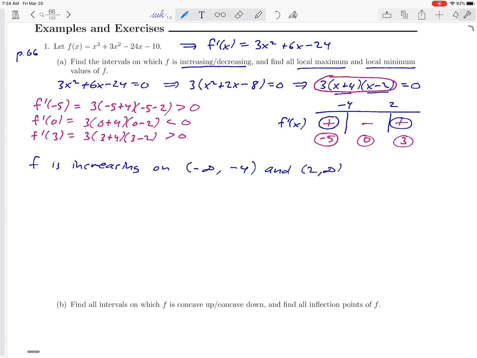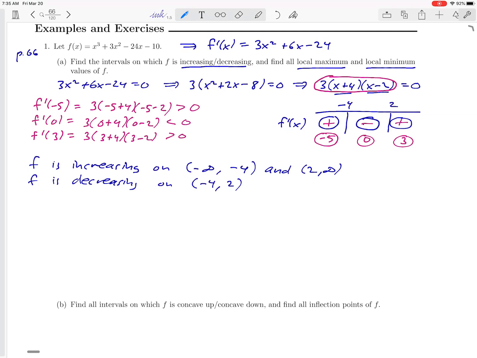That's the first zone. And again, where that second plus sign is from 2 to infinity. And then where are we decreasing? Well, that's the one place where we see a negative sign. So we're going to be decreasing between x equals negative 4 and x equals 2.